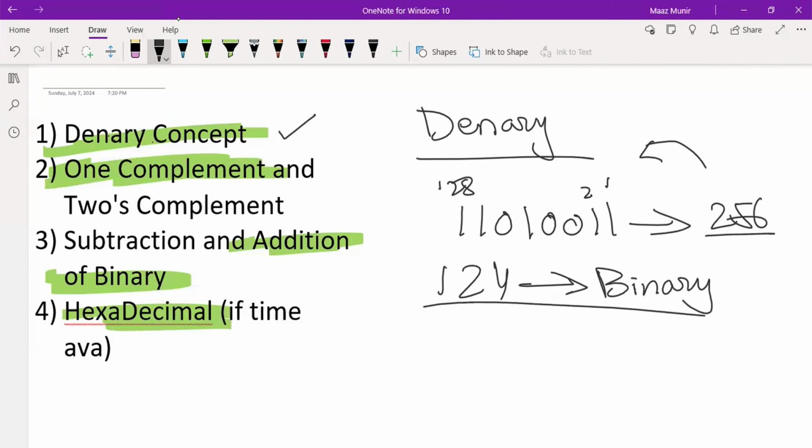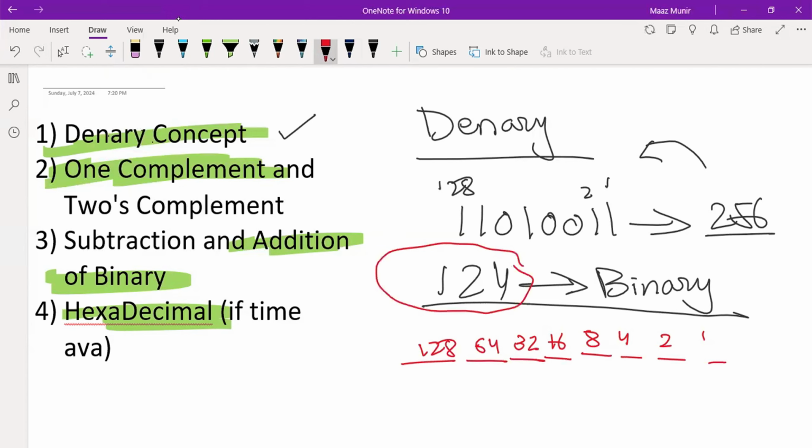There are two main ways of doing this. The first method is putting the numbers according to their weightages, like 1, 2, 4, 8, 16, 32, 64, 128. These were the weightages for each binary digit. If we put 1 in the places that add up to 124, we get the binary value.